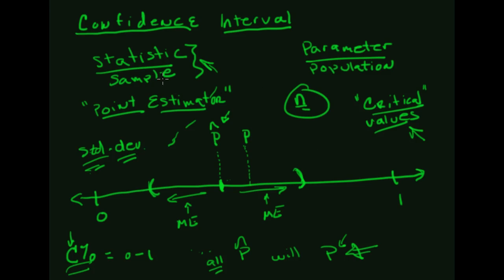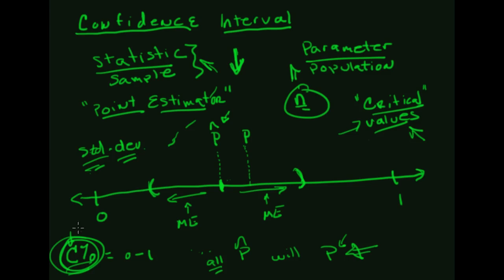Because the standard deviation of the sample decreases as n goes up. So the critical value gets changed by the confidence level: make the confidence level smaller, and the critical value gets smaller. Make the sample size larger, and the standard deviation of the sample statistic is going to get smaller.